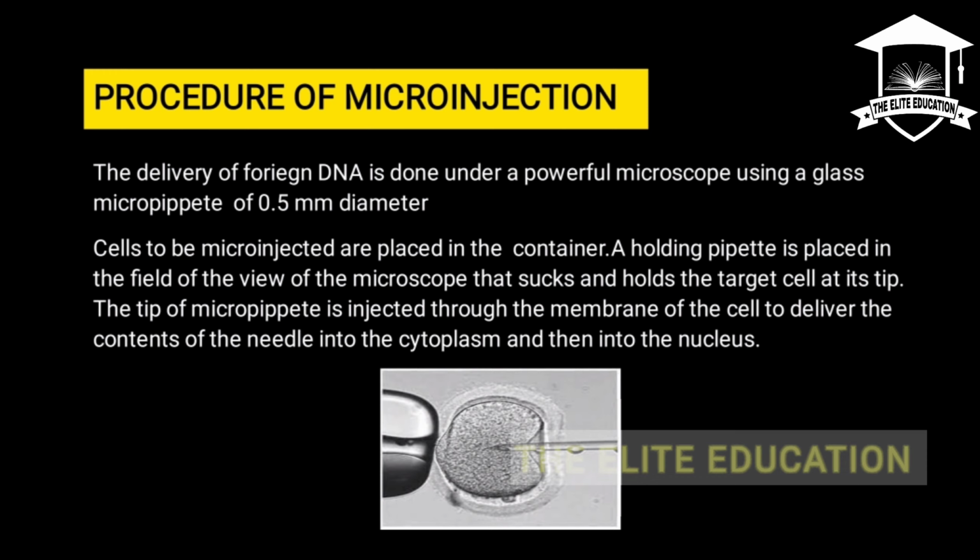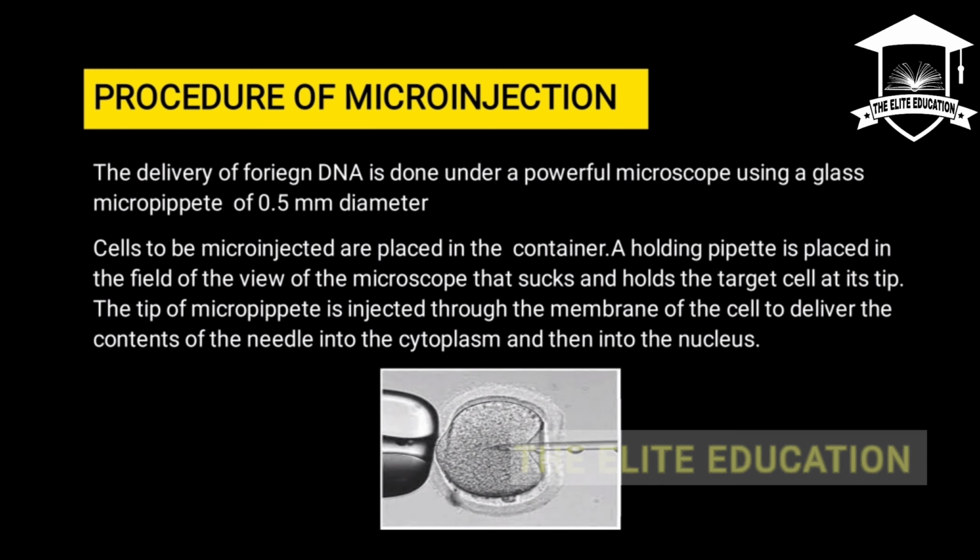First of all, he uses a pipette to hold the ova, and then he collects the sperms with a needle and injects them into the ova, first through the outer membranes, then through the cytoplasm, and finally he reaches the nucleus.